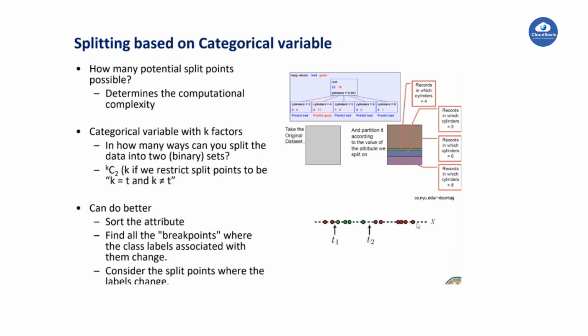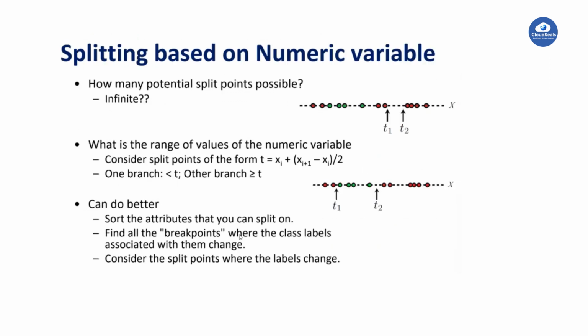If you are not splitting exactly, what will happen whenever a new data point comes? That was the categorical data. Let's come to the numerical data. Same process: sort the attributes and find all breakpoints. Consider the split points. Let's take 0, 1, 2, 3, 4, 5, 6, 7 like that.